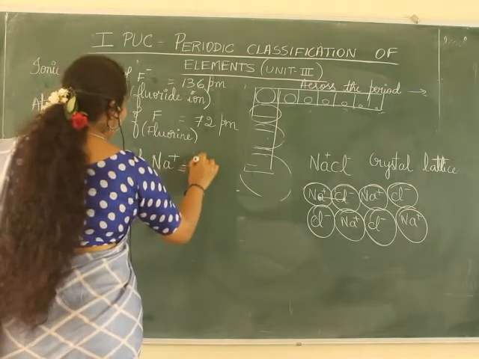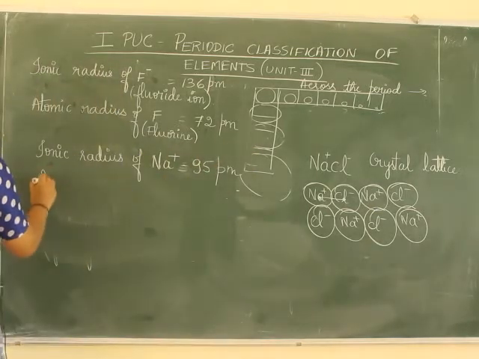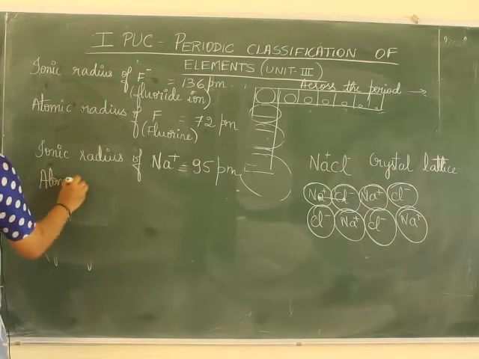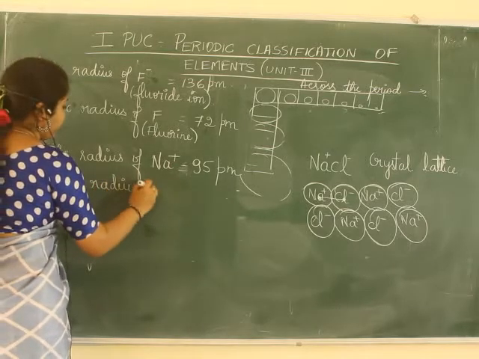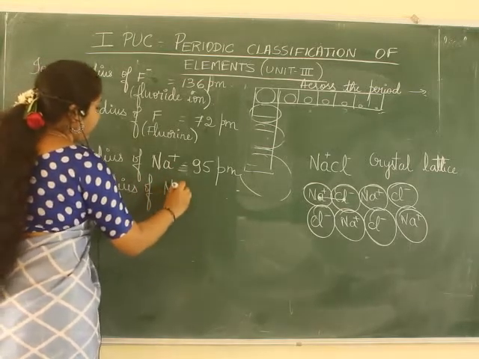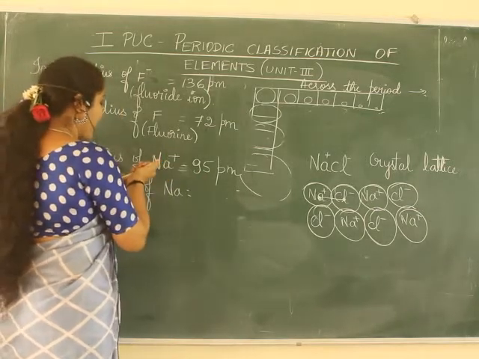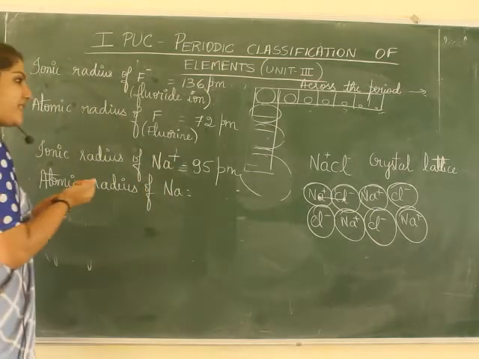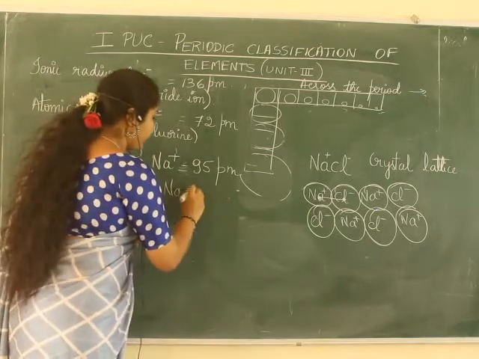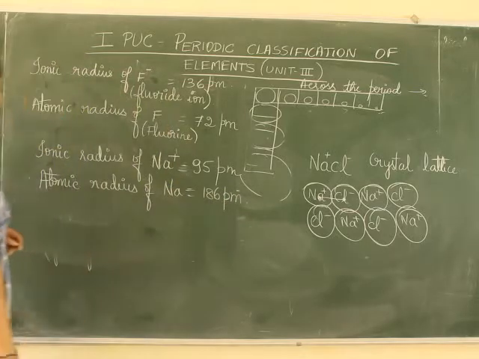It is around 95 picometer, whereas atomic radius of sodium is 186 picometer.